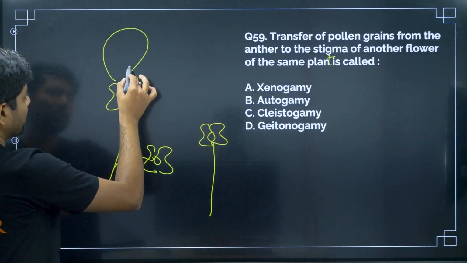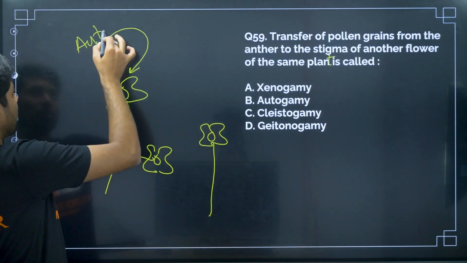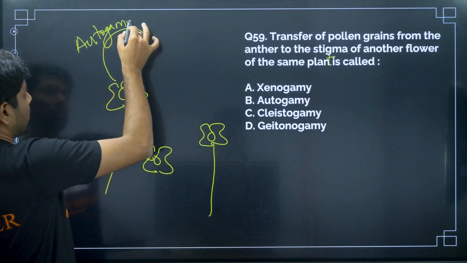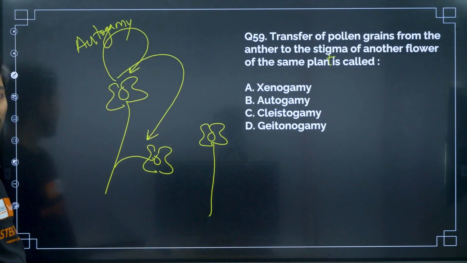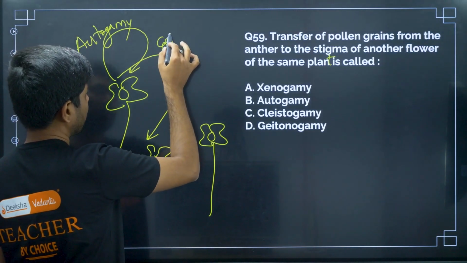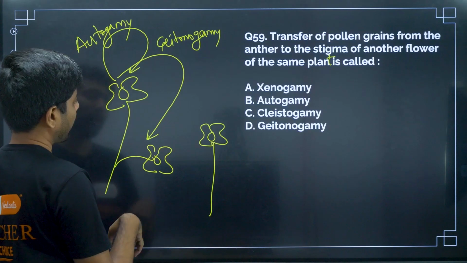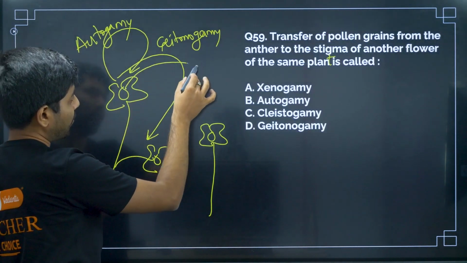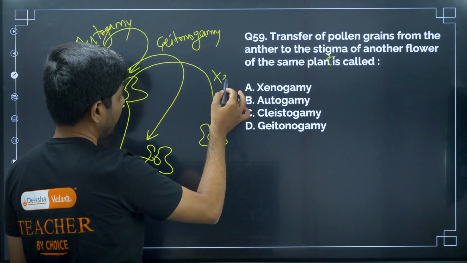If the pollen is transferred within the same flower, we call this autogamy. If the pollen is transferred to a different flower but of the same plant, then we call it geitonogamy. If the pollen is transferred from one flower of one plant to a flower of another plant, then we call it xenogamy.